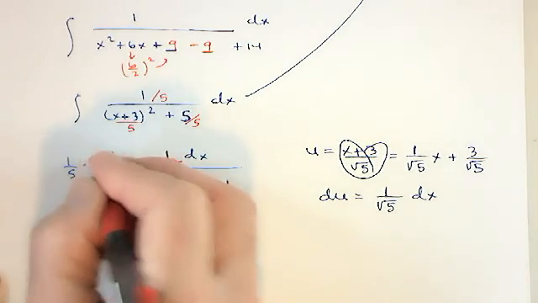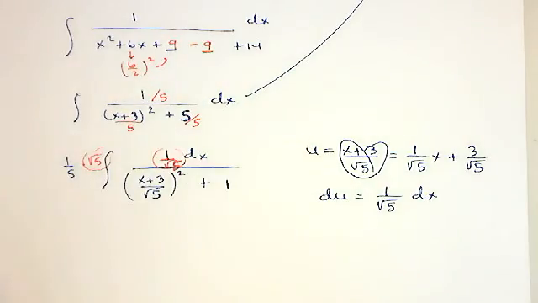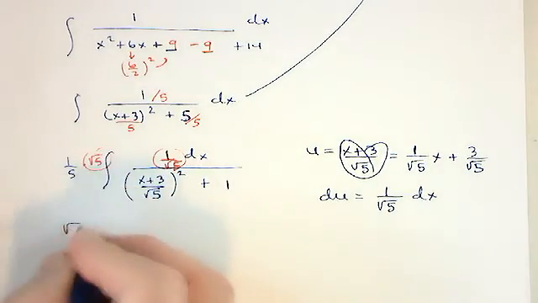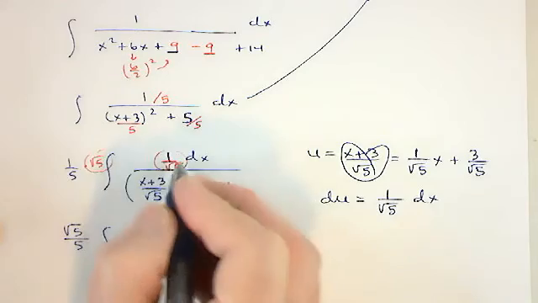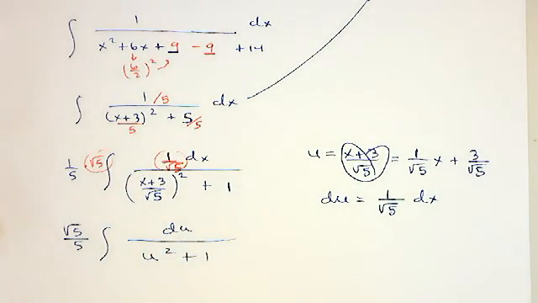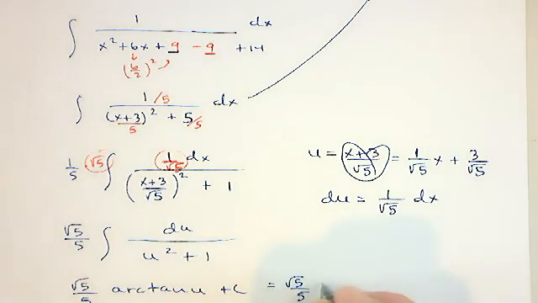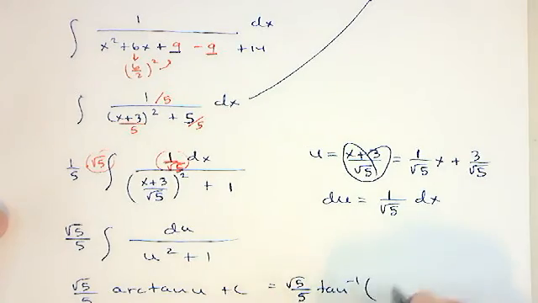Compensate outside with a root 5 over 1, or just root 5. So now I have root 5 over 5. This is now du over u squared plus 1. And that is an arctan. Or tan inverse. I'll write it both ways. How's that? Tan inverse or arctan of my u, which was x plus 3 over root 5.